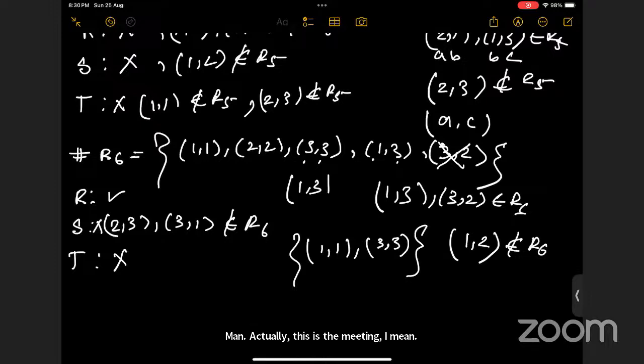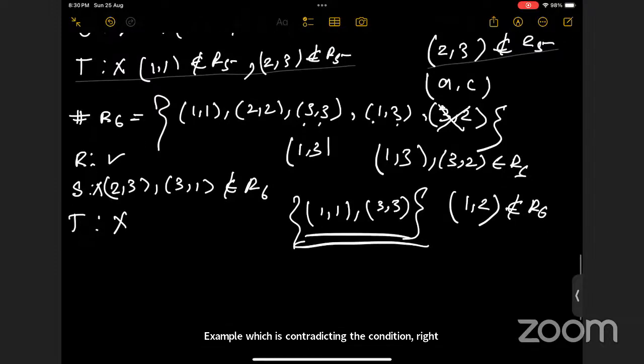In simple words, there is no element which is contradicting the condition for transitivity. In this set, we don't have any example contradicting the condition, so we directly imply this is transitive. If there is some example, then it will not be transitive.